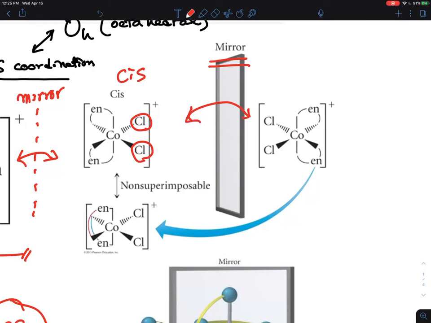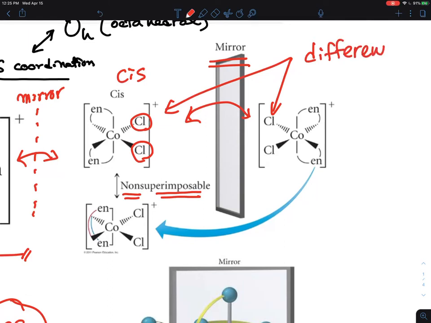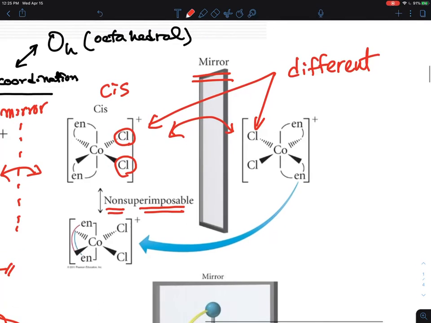Once you have this mirror image, you bring it down. You see that the connectivity of en is kind of crossed, whereas this one is more separate. So this is non-superimposable. So what that means is the mirror image and the original one are essentially different, just like a left hand and right hand.